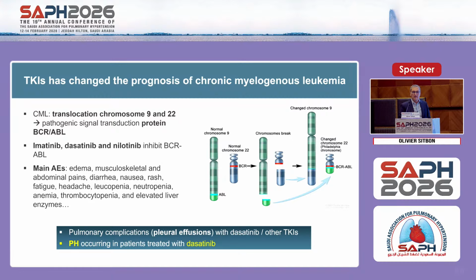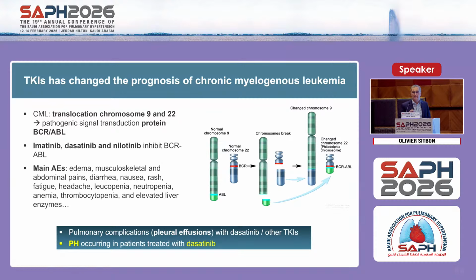And we know that many tyrosine kinase inhibitors, such as imatinib, but also dasatinib and nilotinib, inhibit BCR-ABL. This dramatically changed the prognosis of chronic myelogenous leukemia. Now we can almost cure the disease using tyrosine kinase inhibitors.